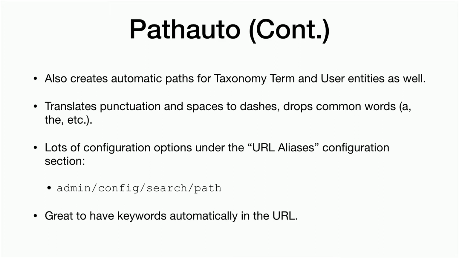Yeah, it does a number of other things, like translates spaces into dashes or hyphens, and drops common words like a and the in the title, or in any of your fields really, before putting those into the path. And again, underneath the configuration page here, you can find a lot more options. You can customize a lot of that too.